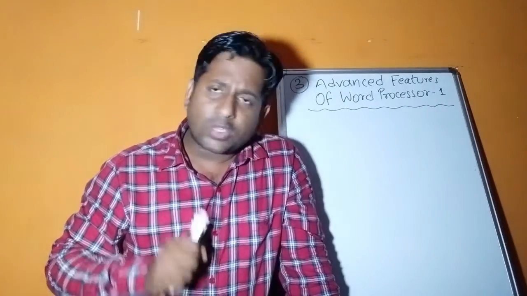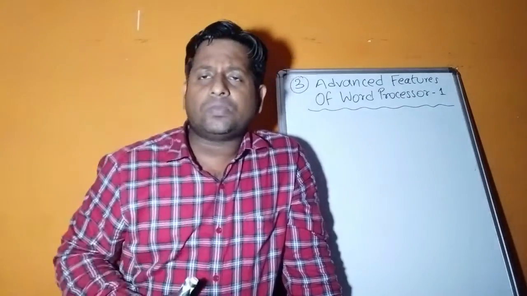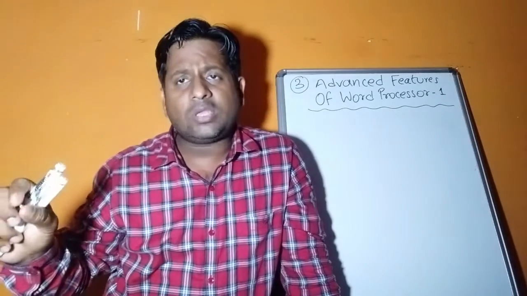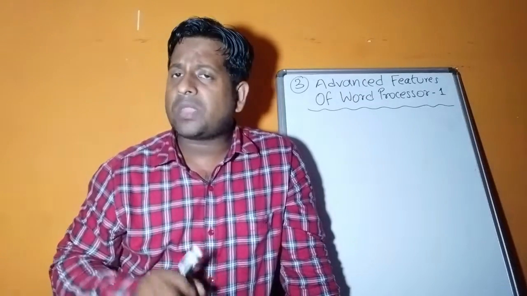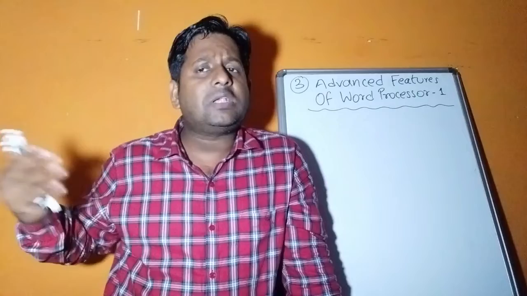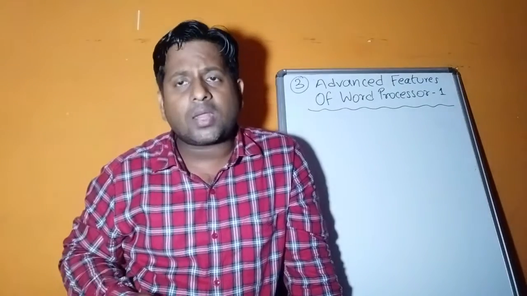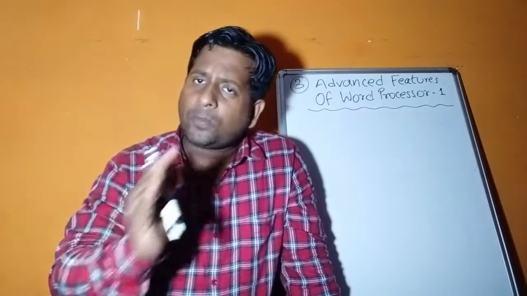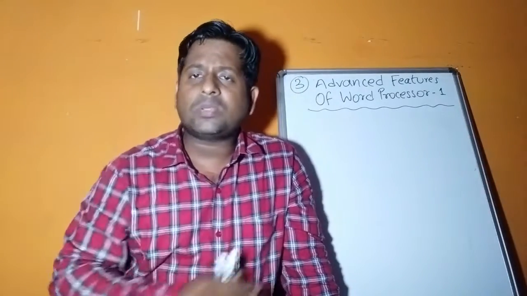After shadow effects, we learned about header and footer: how we can add a heading at the top and a footing at the end of the page, and how the header and footer can be applied to multiple pages. We don't have to type again and again. We can simply create as many pages as we want. Up to this much we have learned in our previous video.